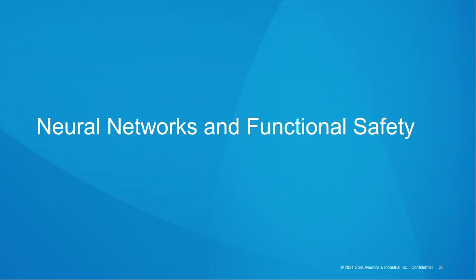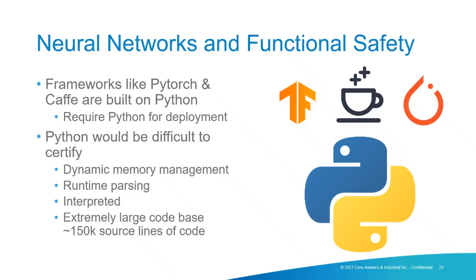So that covers the idea of how neural networks actually function. So I'm going to go back into the topic of functional safety and how neural networks can be implemented in a functionally safe way. Like I mentioned before, there are a lot of common frameworks and tools that exist to develop, train, and deploy neural networks today.